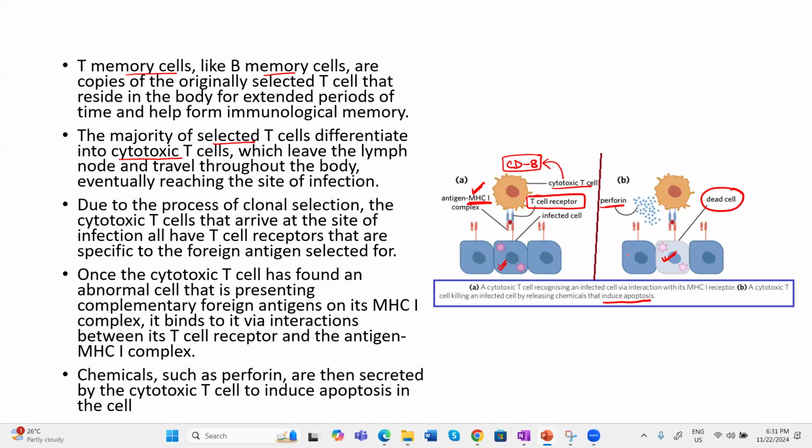And once the T helper is activated, it can activate the cytotoxic T cell, and the cytotoxic T cell will then interact with the abnormal cell with its receptor, but the display is on MHC1 molecule, and with the help of CD8, they will make a lock and key like fit, and finally, the cytotoxic cell will do the apoptosis process by releasing perforin protein.